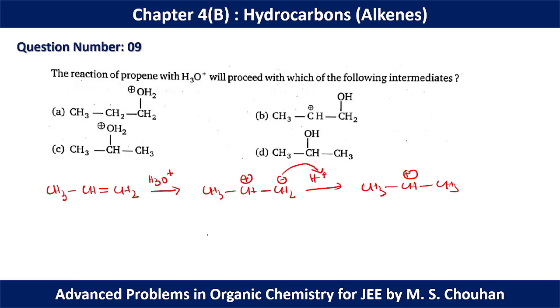Now this carbocation can react with water, a lone pair will approach, and we are expecting a situation like this, okay. So for question number 9, the question is the reaction of propene and H3O plus will proceed with which of the following intermediates, and the correct option is option C. This is the intermediate. If we are talking about the product, D is the final product, but for question number 9 we have to find the intermediate, so C is the correct answer.